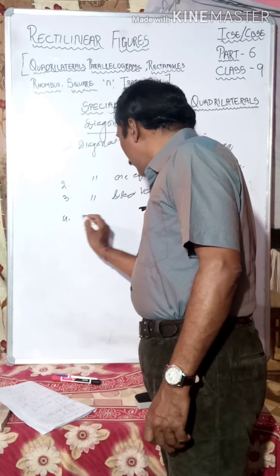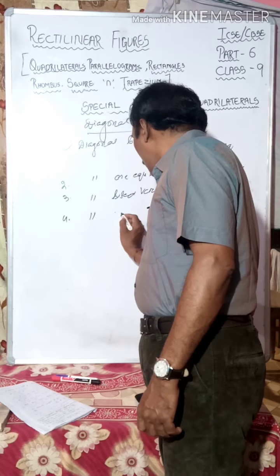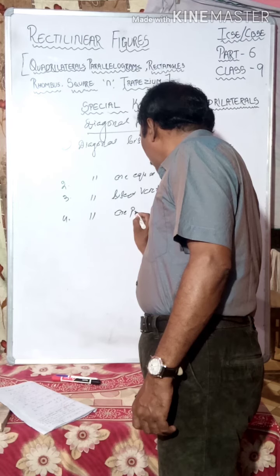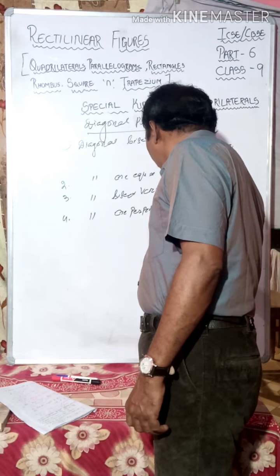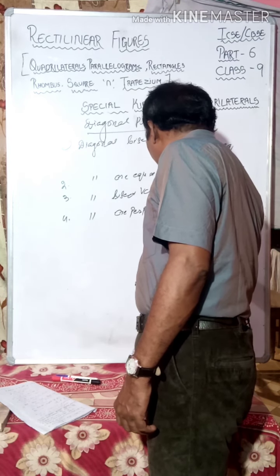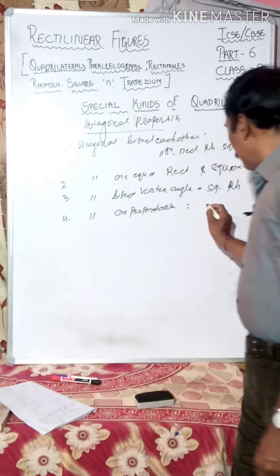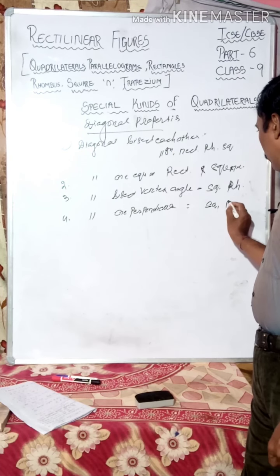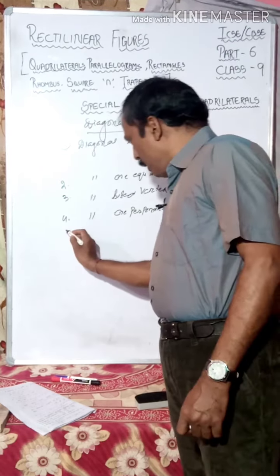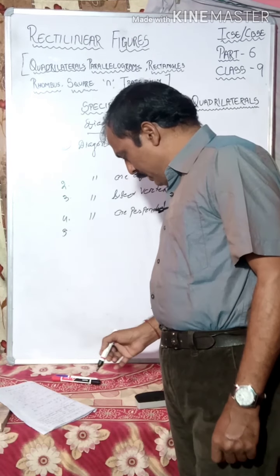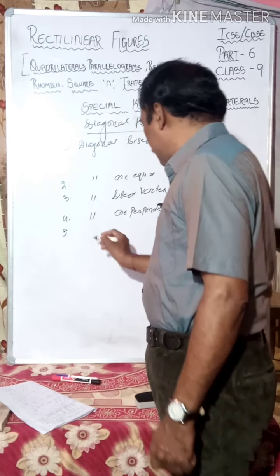Number 4, diagonals are perpendicular, in square and rhombus. Number 5, each diagonal forms two congruent triangles.